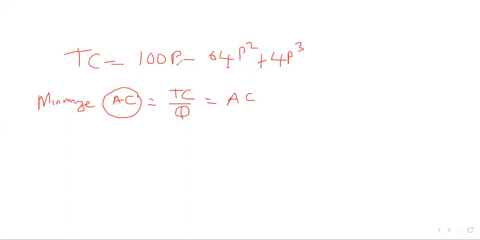Our quantity is P because it is the number of passengers. P is not price here, it's a quantity in this case. So average cost here will be 100 minus 64P plus 4P squared. Are we together? Step one, find the functions. Step two, remember step two?